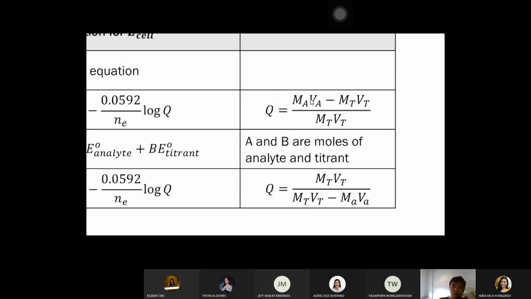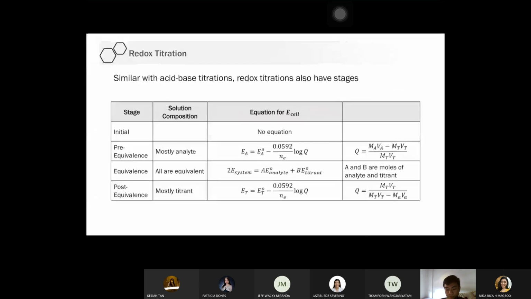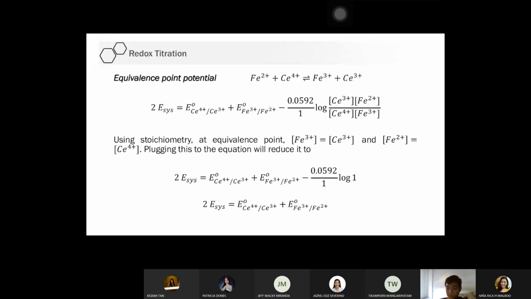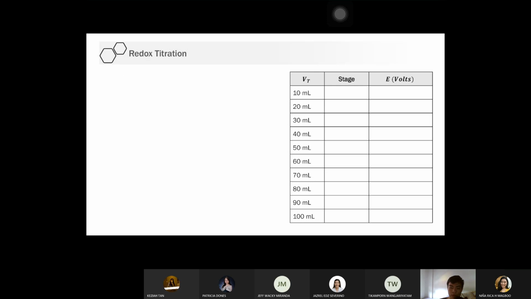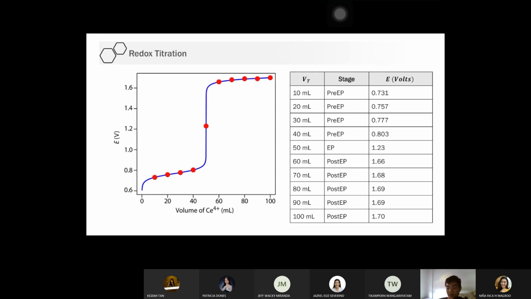Just plug them in here so you can get the E cell. I will give you the solution to these problems by the weekend, so just wait for the announcement that the file has been uploaded.